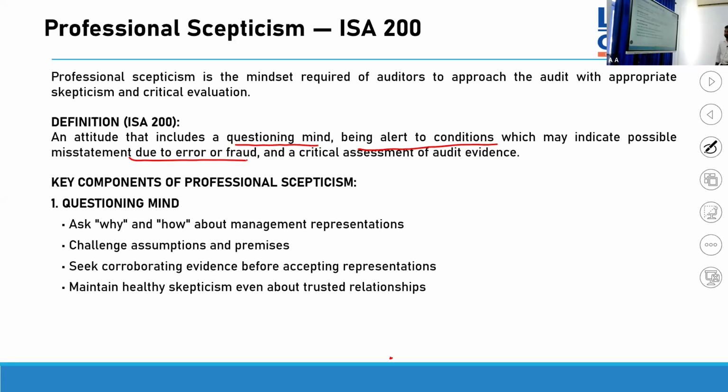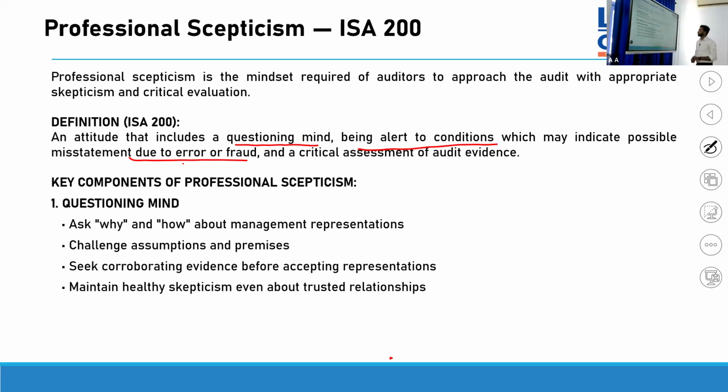Simply, it is an attitude where we are using our questioning mind and we are being alert to those conditions which give indications about error and fraud, right? That is professional skepticism.